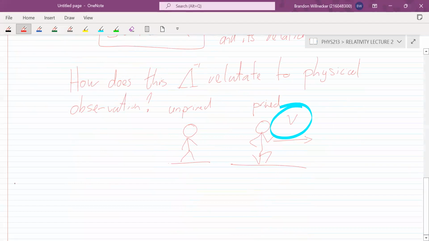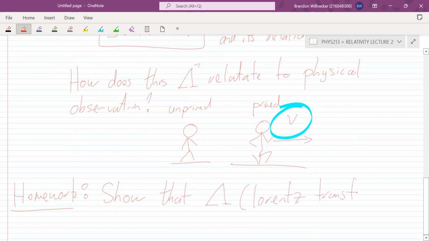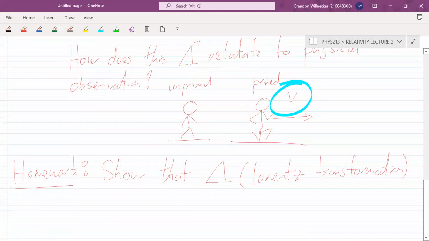And then the last homework question for today. Show that this capital lambda, the Lorentz transformation, leaves ds squared unchanged.